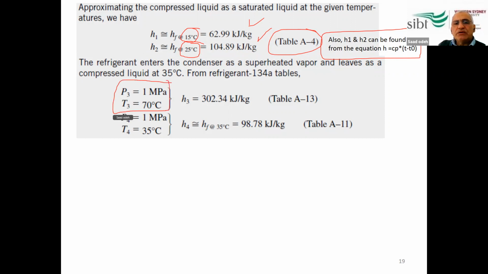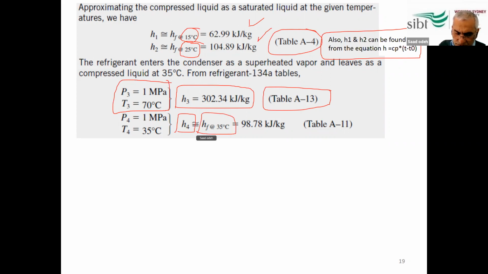And because we know it's superheated vapor, we can directly go to table A13 of the refrigerant, and at 1 megapascal and temperature 70, we can find H inlet of the refrigerant. The same thing we can do at the same table, we can find H4, which is equivalent to HF at 35.